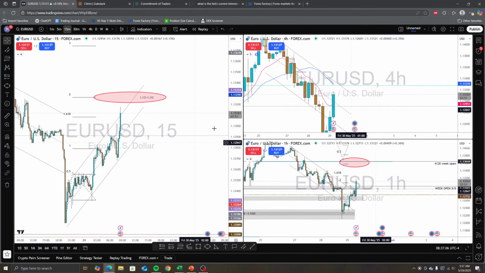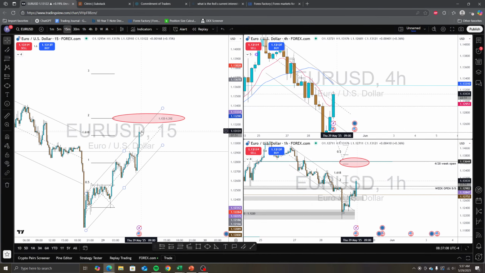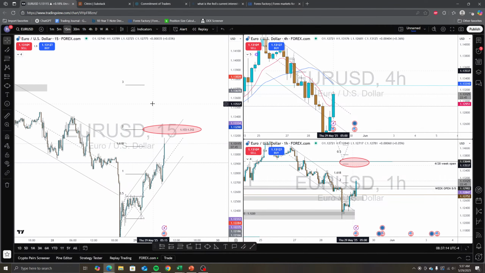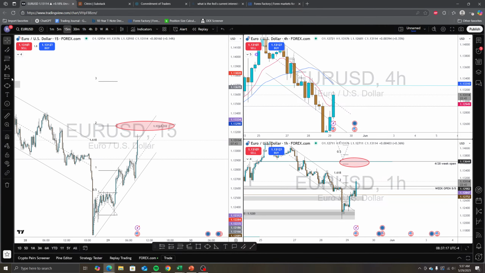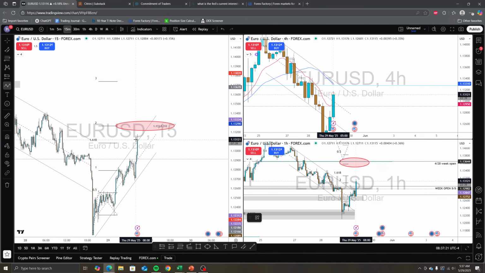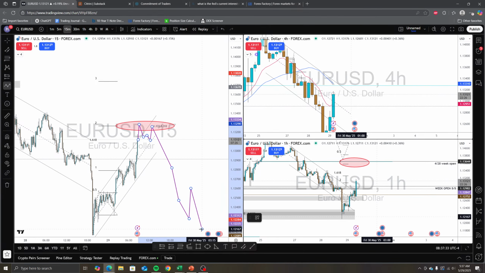Okay, so now this is just a waiting game. We just see what happens as price comes higher and reaches this level. Usually if that happens, I want to see price come higher, come lower, then one final push up, and then come lower from here.